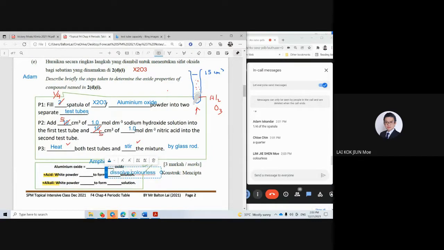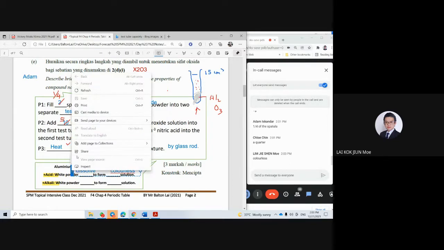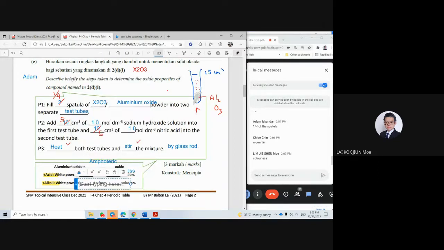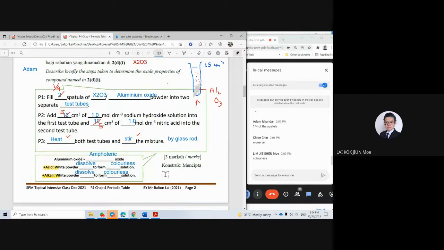We use the keyword dissolve. Dissolve and colorless. Both are the same. So no problem with this one.